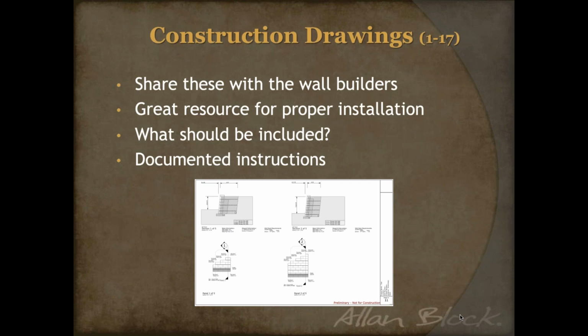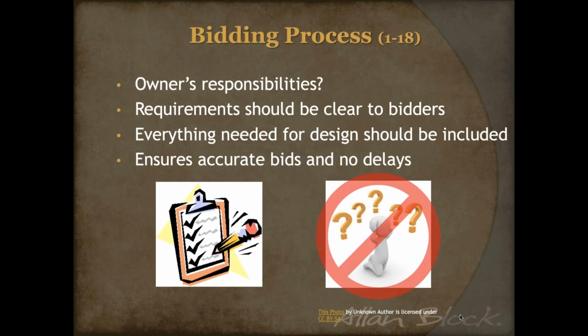Having these details available to them and documented is a great way to make sure that they're accountable for making sure that everything is installed correctly. Like I said, AB Walls is great for this. It's great at getting that output right away with one click of a print off.